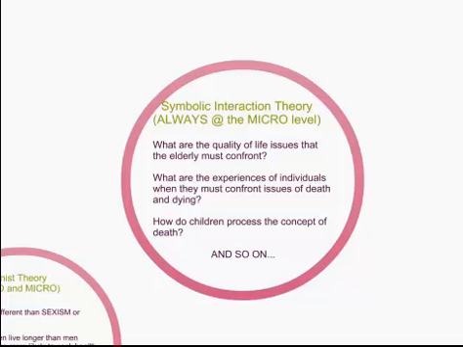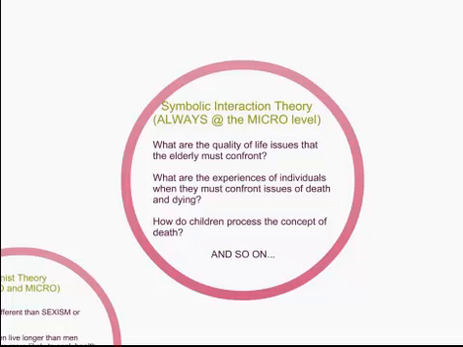And some of the research questions that we want to ask here, and there are dozens, maybe hundreds of questions, but some of those that we want to ask in the context of this course. What are the quality of life issues that the elderly must confront as they age? What are the experiences of individuals when they must confront issues of death and dying?